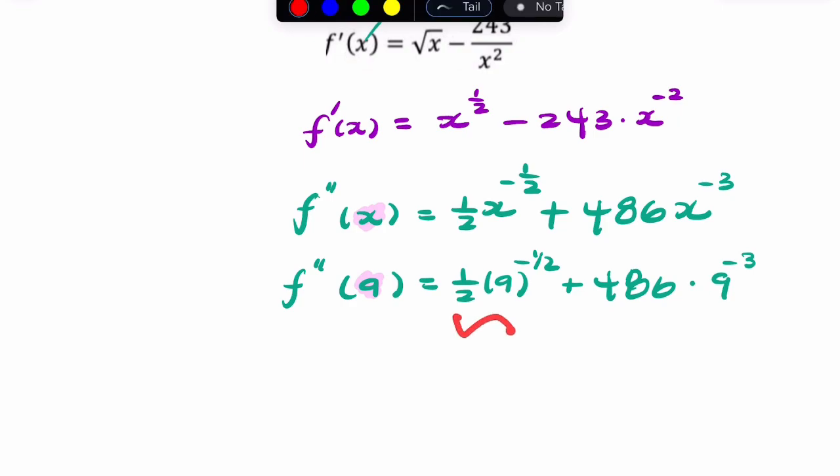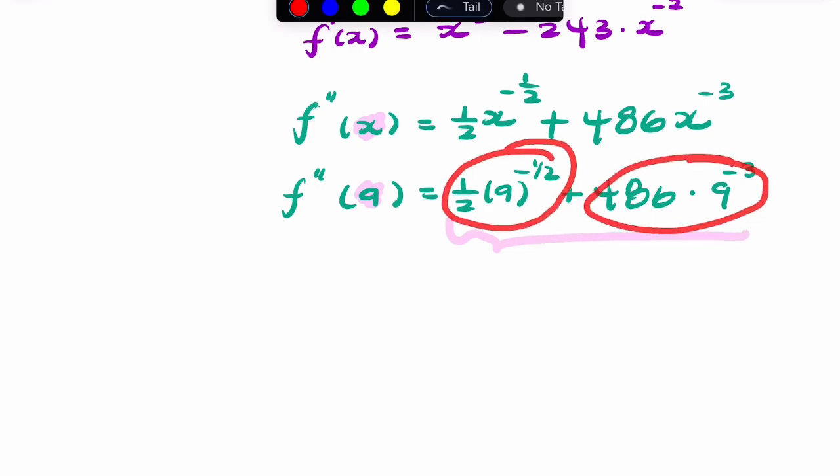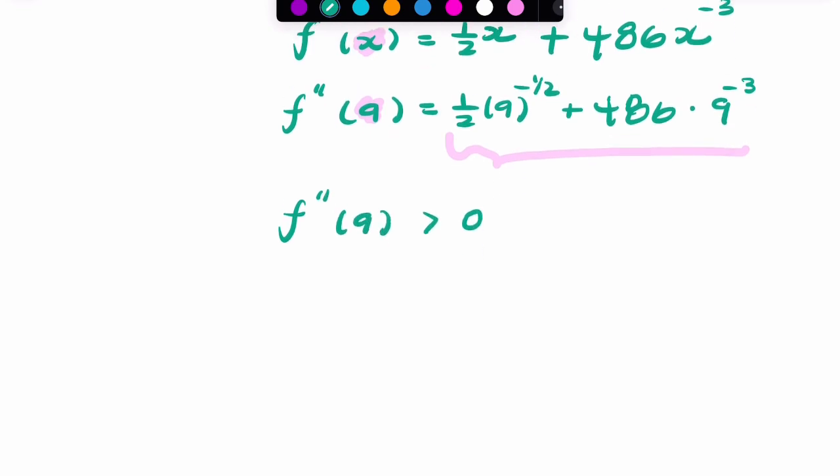Now you can put that in your calculator, but it's clearly going to be positive because that's positive and that's positive, and there's a plus sign between them. So it's going to be positive. So we're going to say the second derivative is greater than 0. Therefore, we have a local minimum.